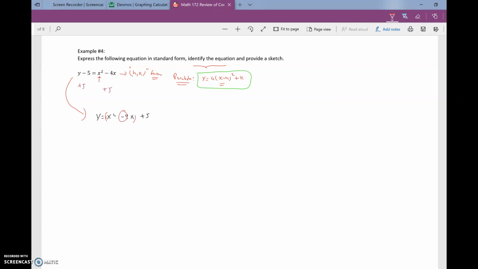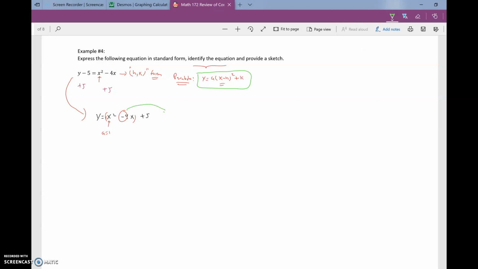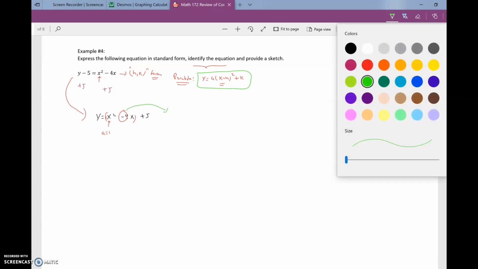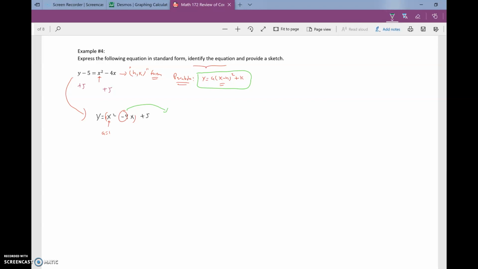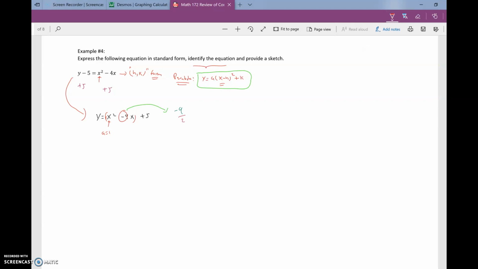Since you have a 1 on the x squared, in this case a is equal to 1, then what we're going to do here is obtain the x coefficient, which in this case happens to be -4. And to complete the square, we're going to be dividing it by 2 and squaring it. So that's going to give us (-2) squared.